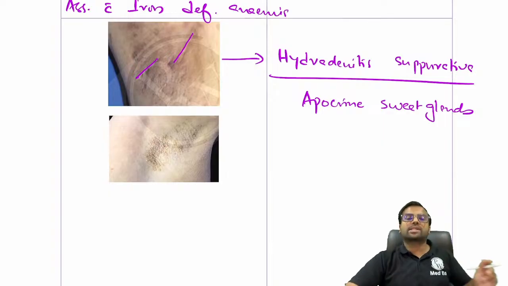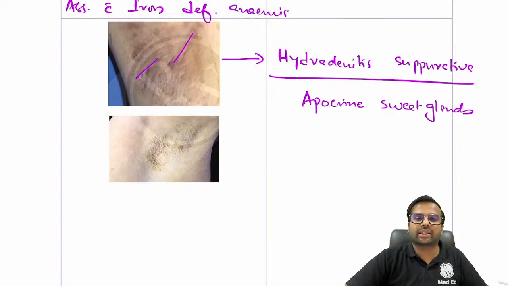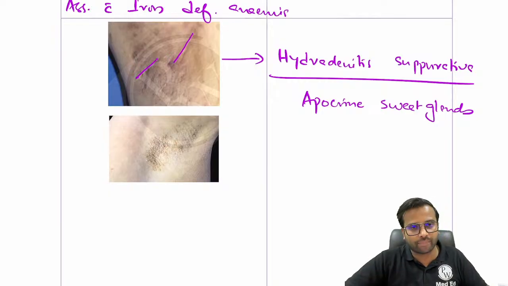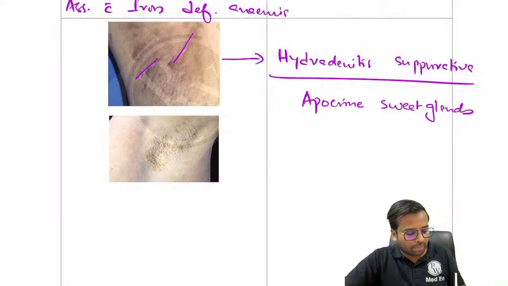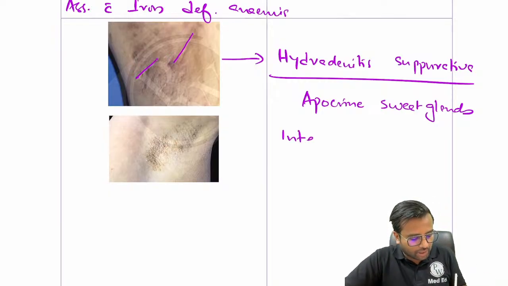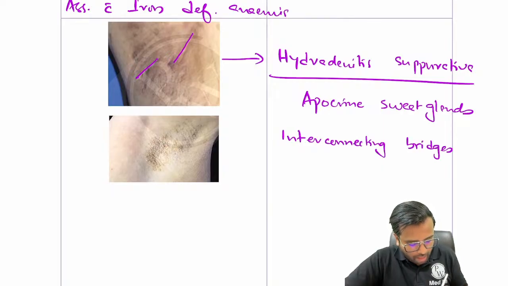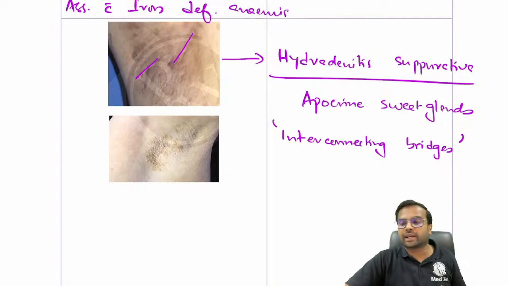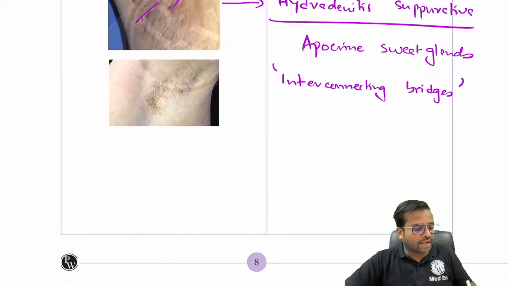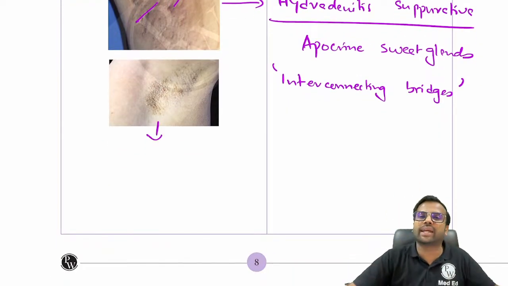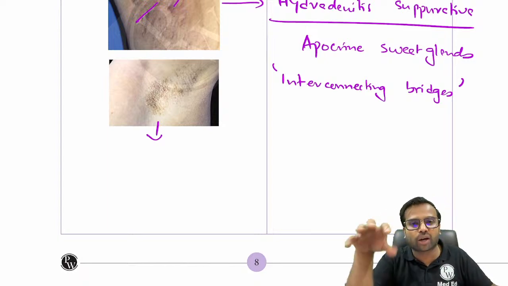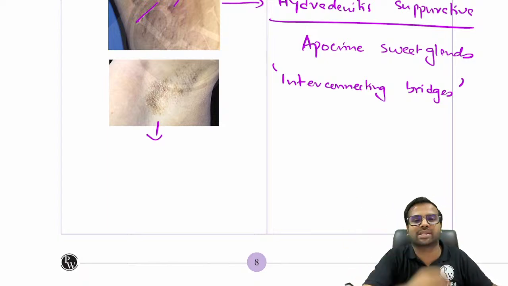So in the first image, you can see that the patient would be developing multiple nodular lesions over the axilla, and there would be some interconnecting bridges. Whereas earlier some of you were telling about Fordyce spots. Is it really Fordyce spots or are you making some silly mistakes here?